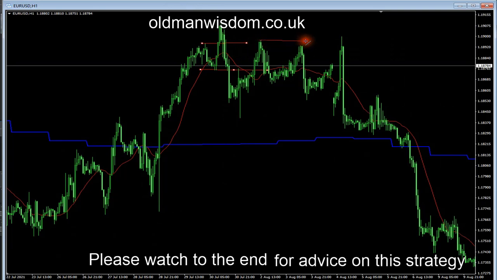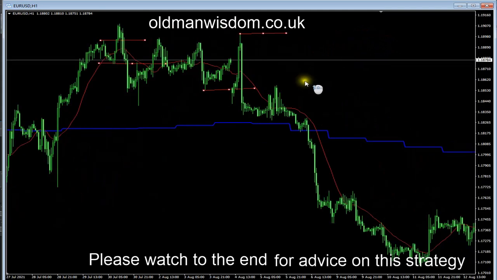We've got a level there, look, and we've got a level here. But price doesn't break for the buy trade, so we are spared. We have another level here and a level there, but price doesn't break it.